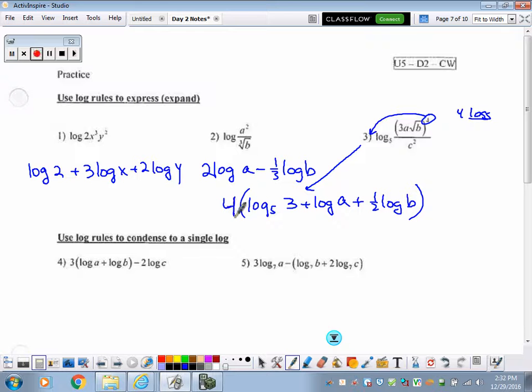For the entire numerator, that 4 is going to be the coefficient, because the entire numerator, the 3, the a, and the radical b, the whole thing is raised to the 4th power. Division is going to be replaced with subtraction when we expand it, and then we have a 2 log c. That's not a c. That's a c.